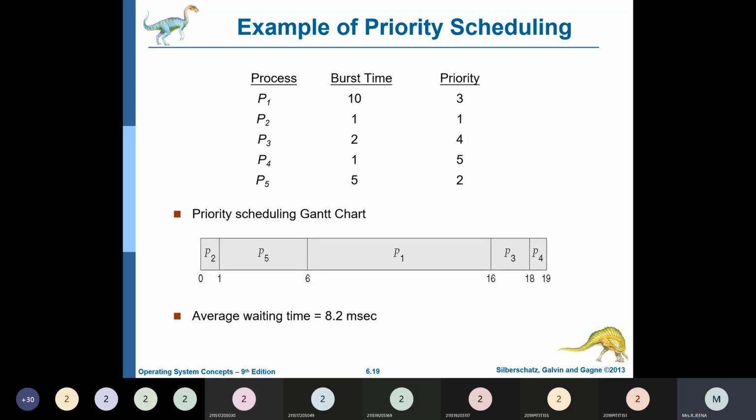In that situation, the waiting time of the other processes will be increased periodically. So the system becomes efficient, and the average waiting time also becomes an efficient amount of milliseconds. So that is the concept of aging, starvation, and indefinite blocking.